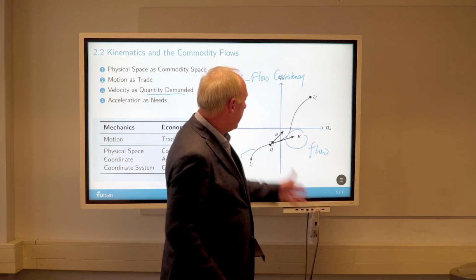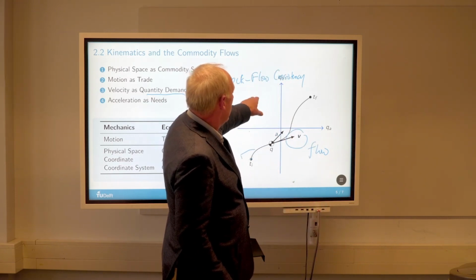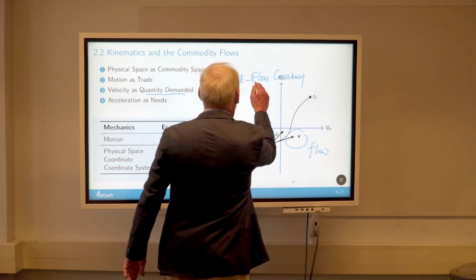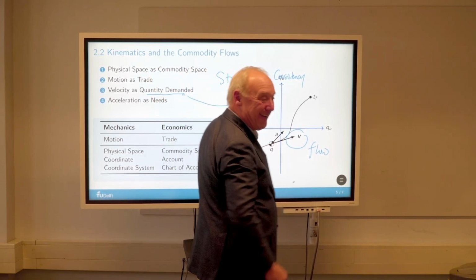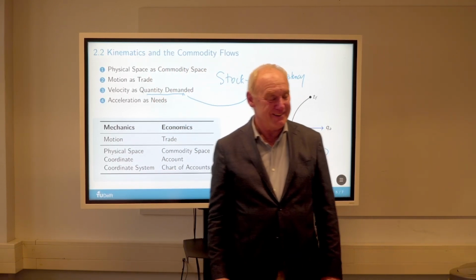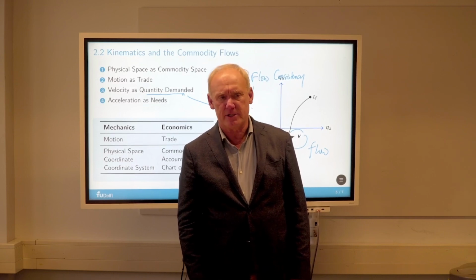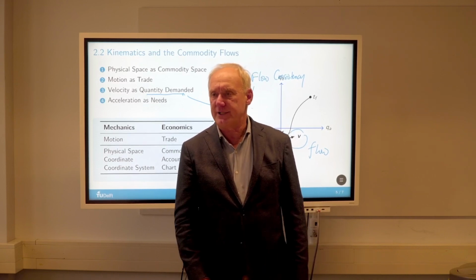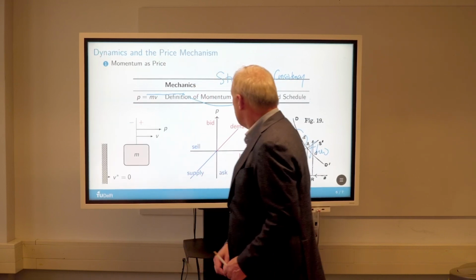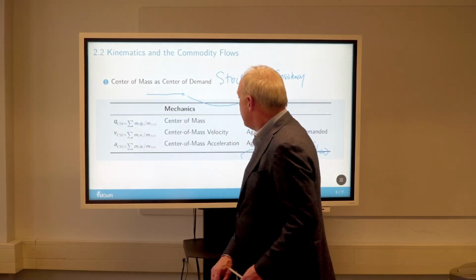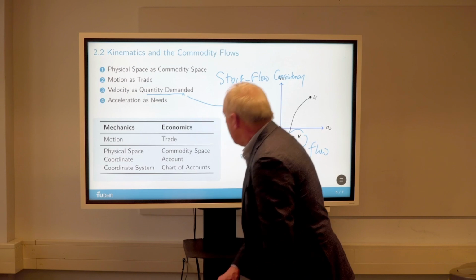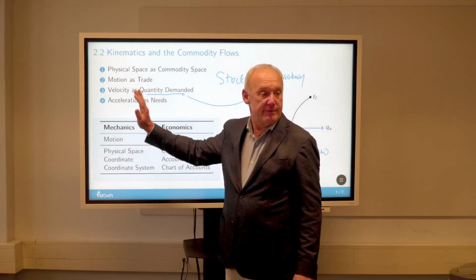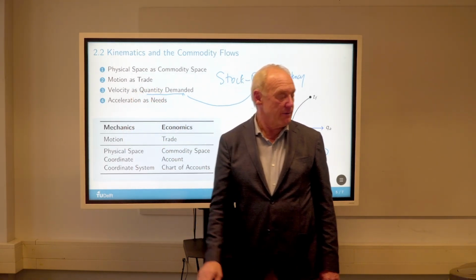What I'm going to try to make here is this problem only occurs if you don't define the flow in terms of these stocks that are in this physical space, okay? This commodity space. With our definition, this is taken care of from the get-go.